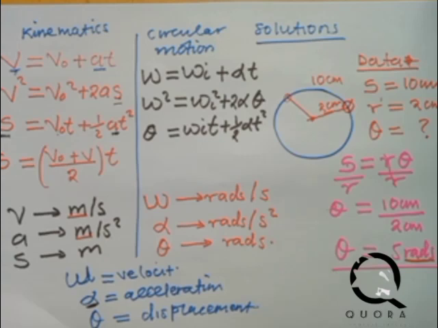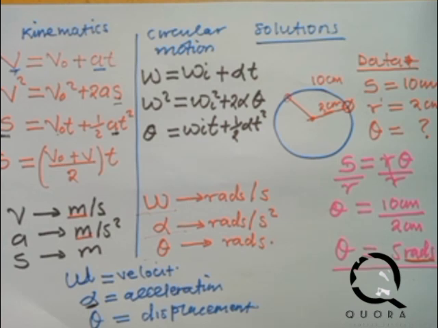Now, how do you convert the SI units? These are the actual SI units for every quantity: angular velocity, angular acceleration, and angular displacement. There are certain questions where they can give you a quantity in revolutions per minute.